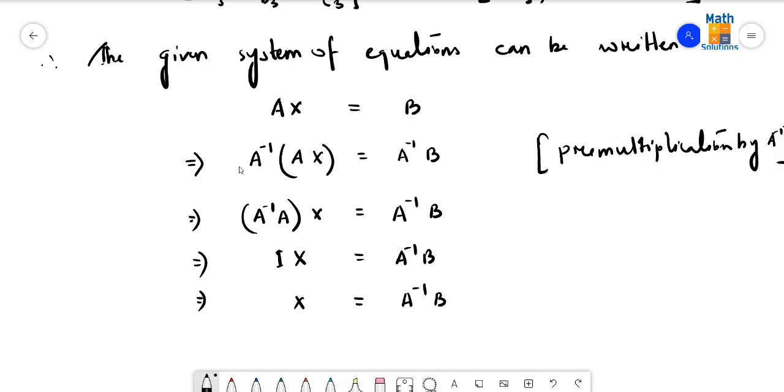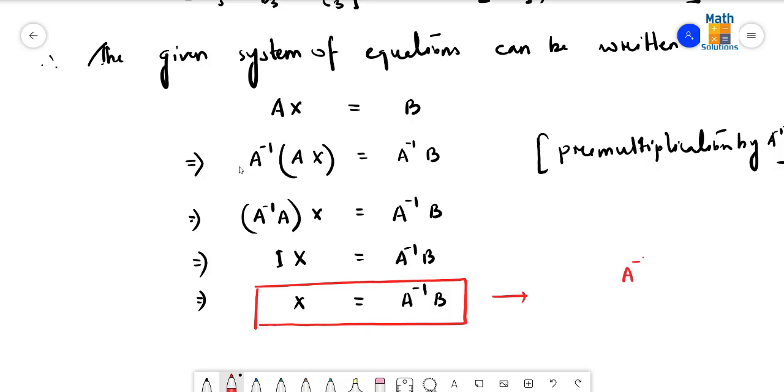Using this formula we can find the solution of a system of linear equations. But there is a point to be noted: A inverse exists if the determinant of A is a non-zero term.